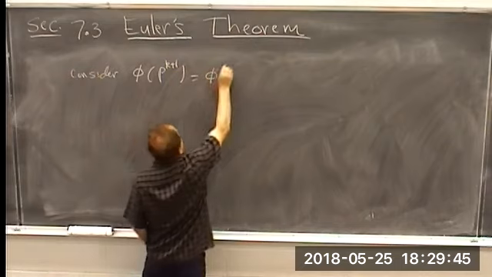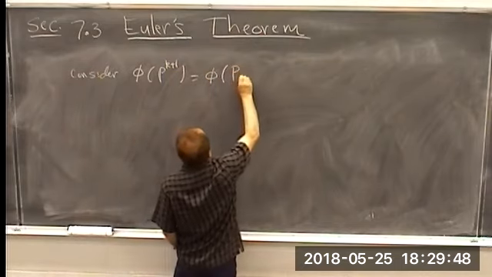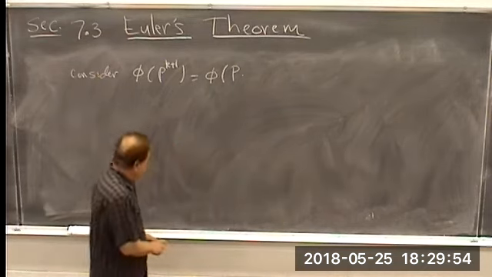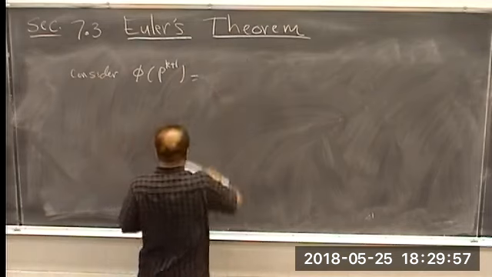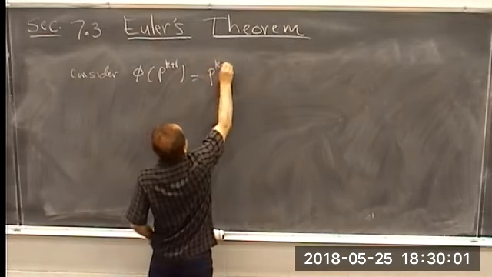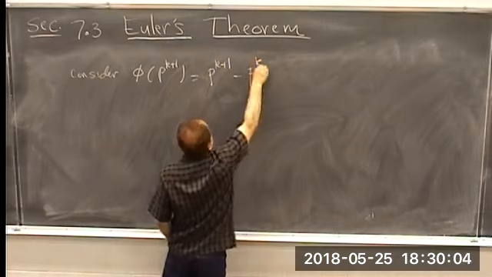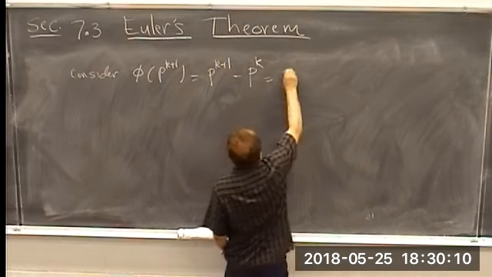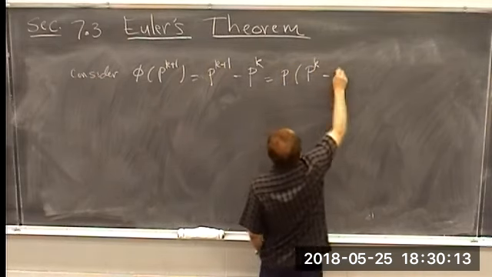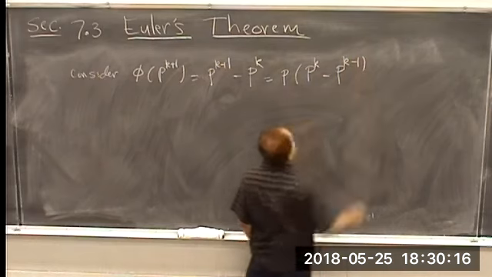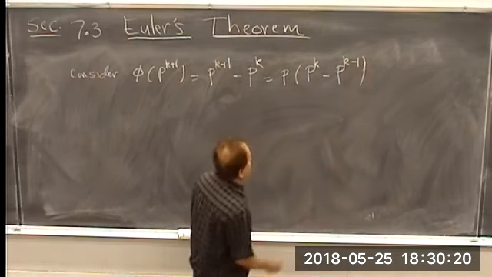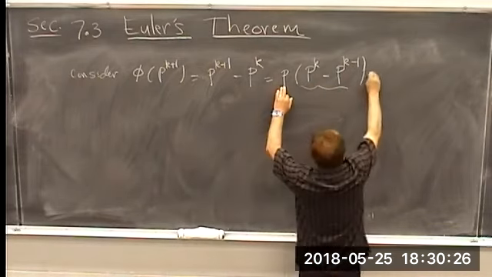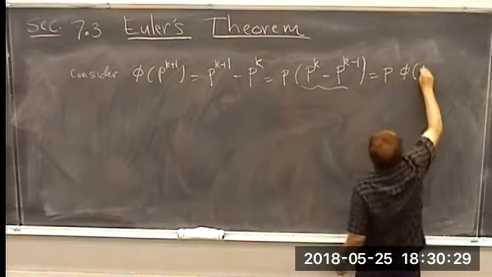This is equal to, actually, let me write it like this, using the other formula: P to the K plus 1 minus P to the K. And then I want to factor out a P. Now, this second factor in here is actually phi of P to the K. So this one is P times phi of P to the K.